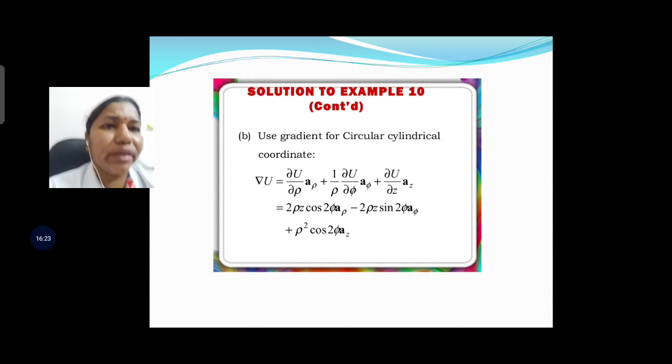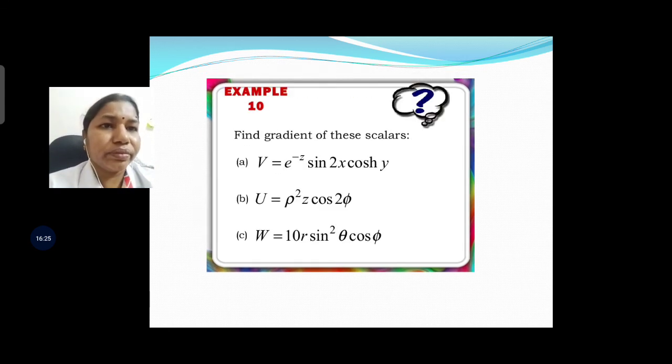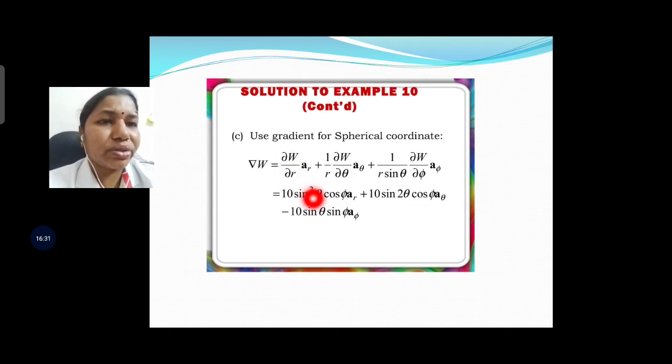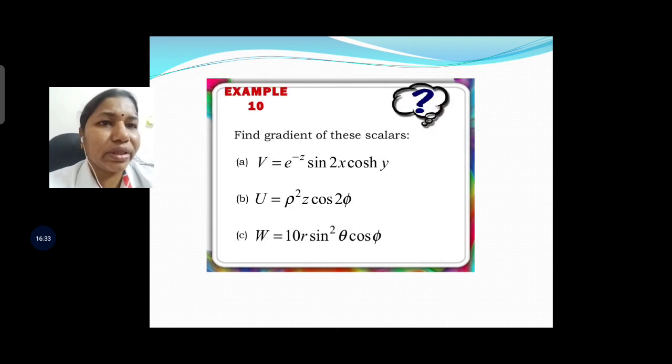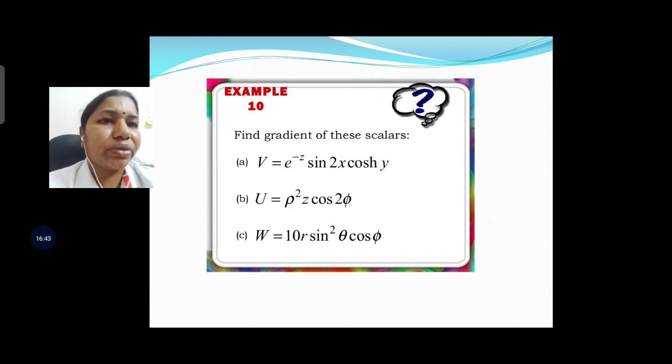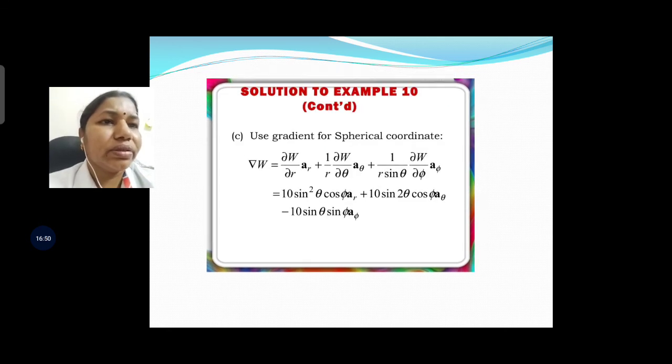We get 10 sin square theta cos phi as it is, then differentiate with respect to r, which equals 1. The next, 1 by r, differentiate with respect to theta, we will get 10 r sin square theta cos phi, 10 r cos phi sin square theta.